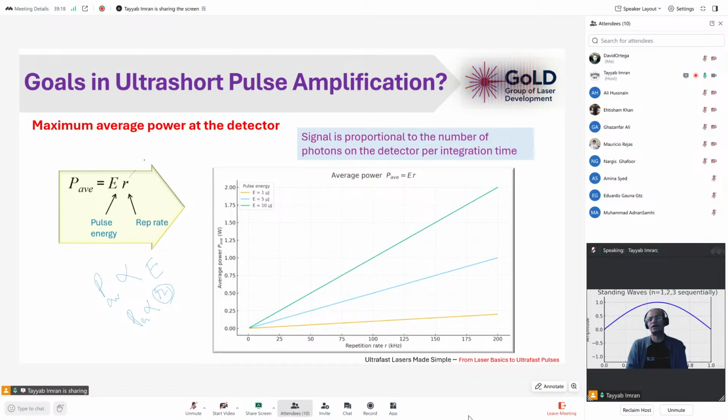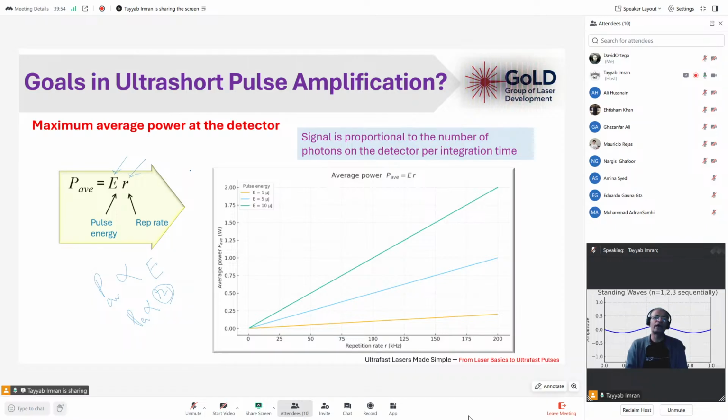Do not confuse with the previous equations, which I used for the oscillator. This R actually is a repetition rate. We are studying about the amplification, so do not confuse with the oscillators. So the P average is directly proportional to the pulse energy and directly proportional to the rep rate. So more repetition rate, average power will be increased, and more energy, definitely average power will be increased.